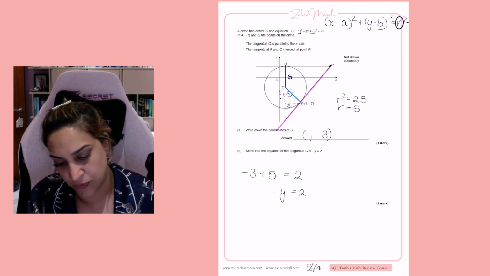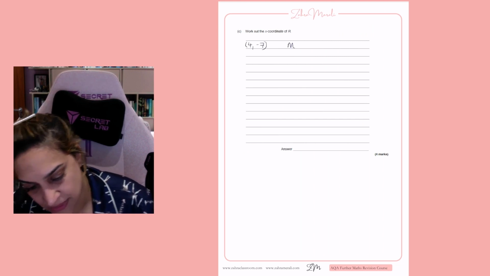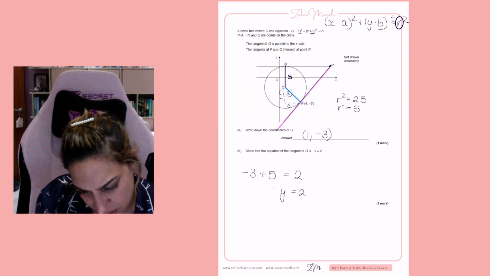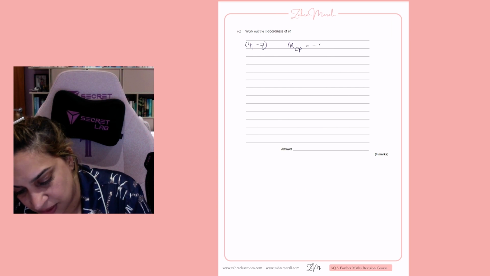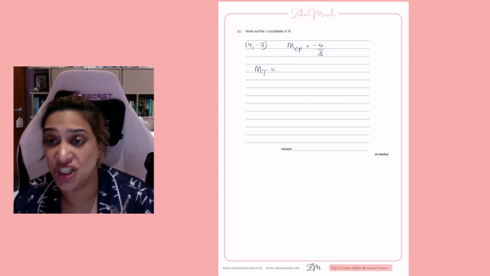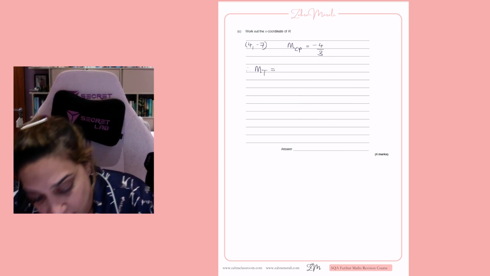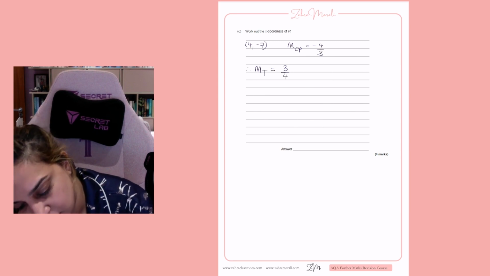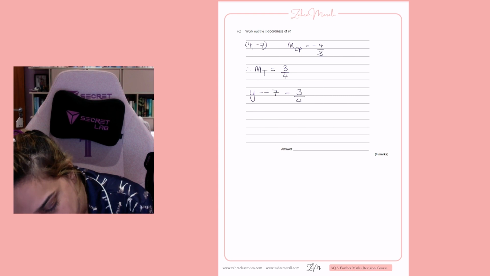And we've got the 4, minus 7. Okay, so we've got 4, minus 7 as our point, and our m of C to P is minus 4/3. So therefore, the gradient of the tangent is the inverse reciprocal. Remember, flip and change the sign. So 3/4. So we do y minus y1 equals m(x minus x1).